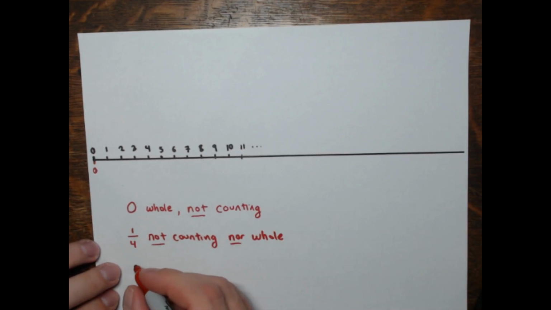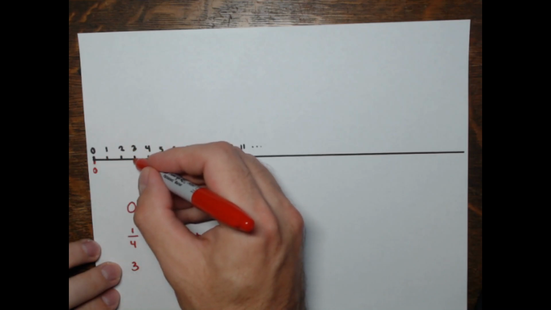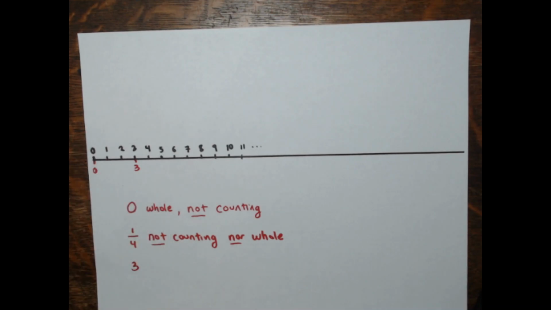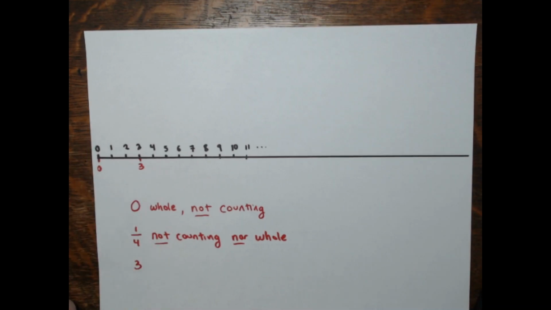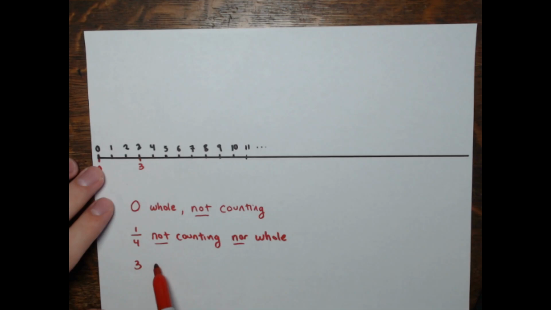The next number they gave us was 3, which I do see here, 0, 1, 2. There's 3, as a coordinate matching one of those whole numbers I put up earlier. So it's a counting number. Remember, the counting numbers are 1, 2, 3, 4, 5, and so on.